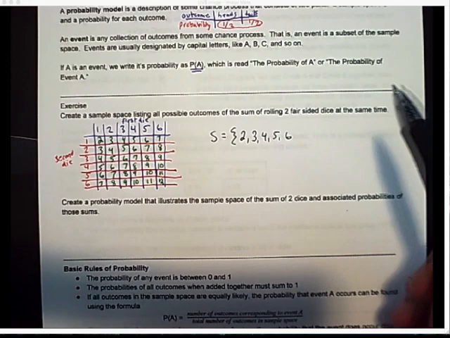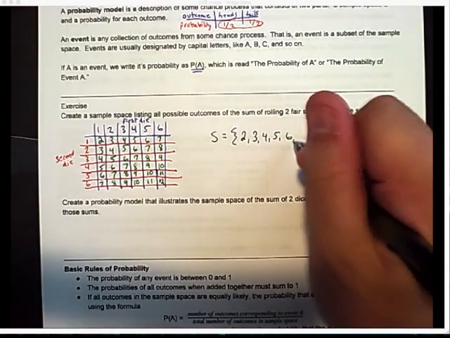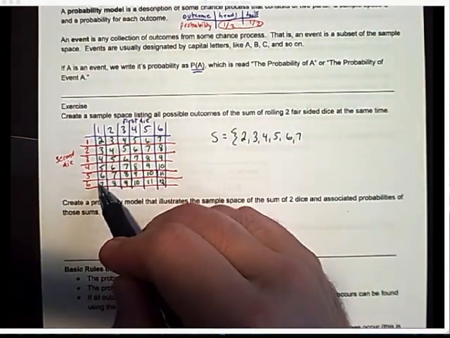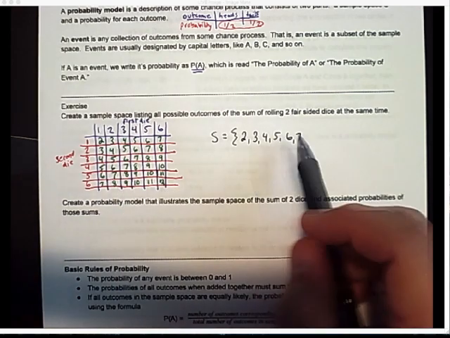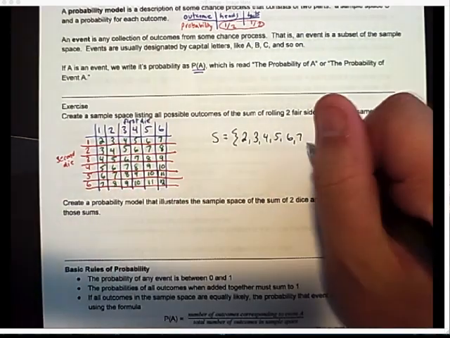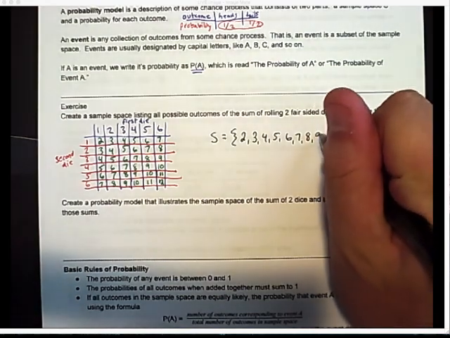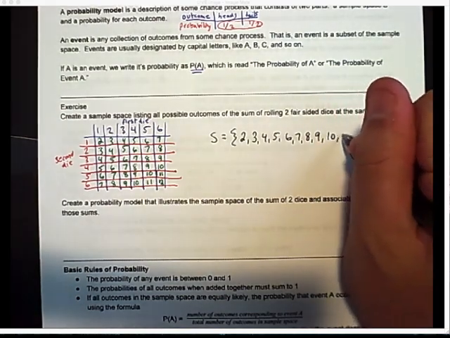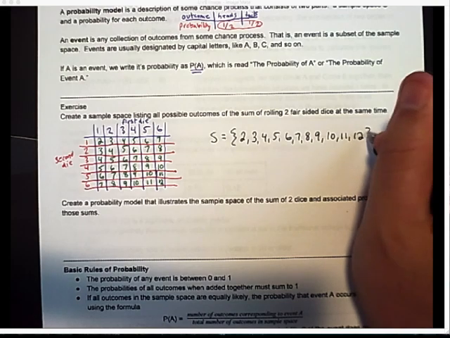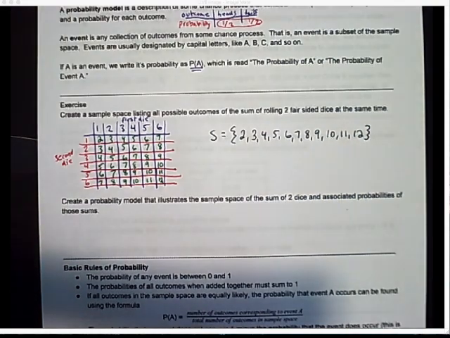All right. And 7 is a possibility, just looking at that first column. We have all those numbers starting at 3, but now it goes to 8. Okay, so I can get 8 when rolling 2 dice. I can get 9, I can get 10, I can get 11, I can get 12, but I can't ever get a number bigger than 12. Okay, so right there, that's the sample space.